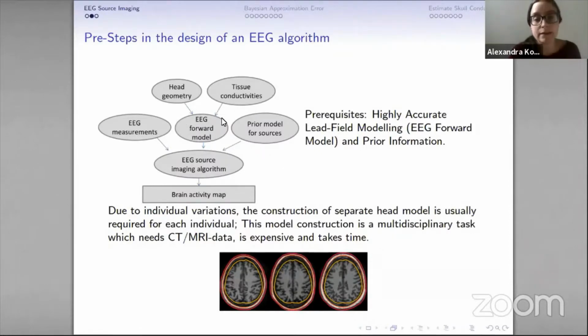But in the observation model, we need to know the head geometry and the tissue conductivities of the person that undertakes the examination. After that we plug in the EEG recordings, and we try to localize where the activity is, hopefully.